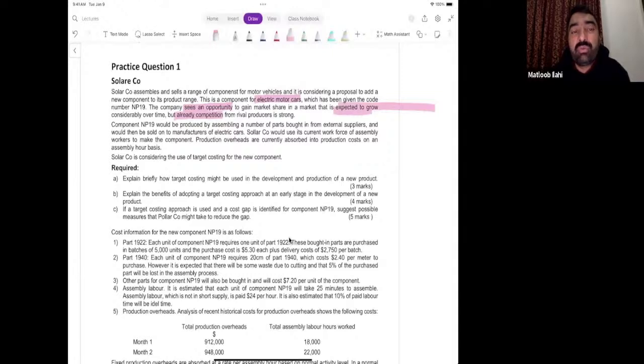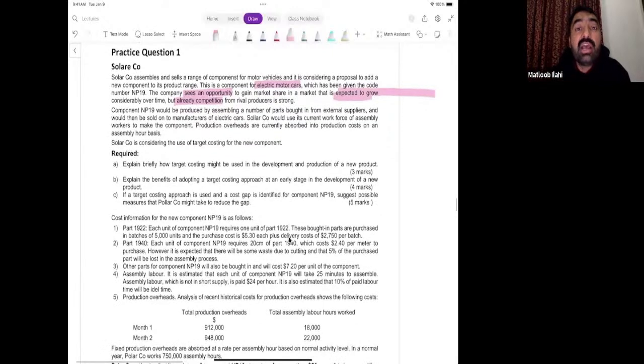Component NP19 would be produced by assembling a number of parts bought in from external suppliers and would then be sold on to manufacturers of electric cars. SolarCo would use its current workforce of assembly workers to make the component.